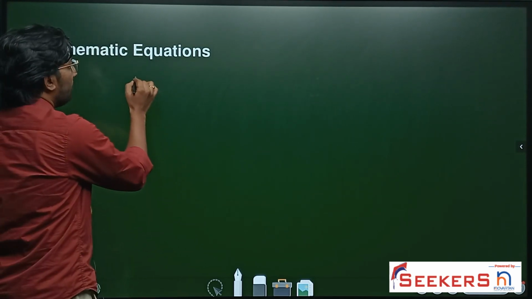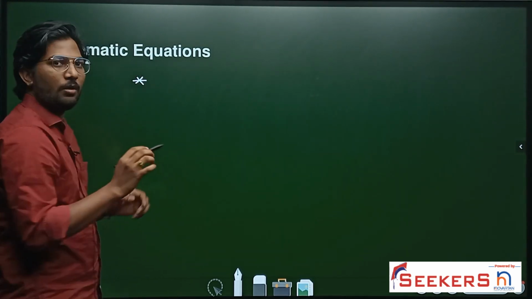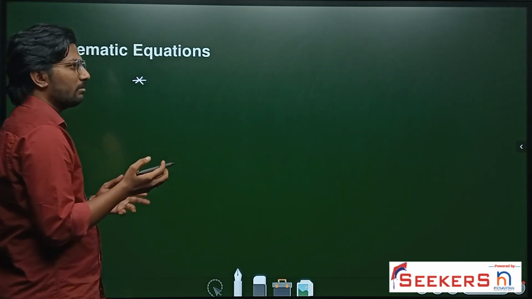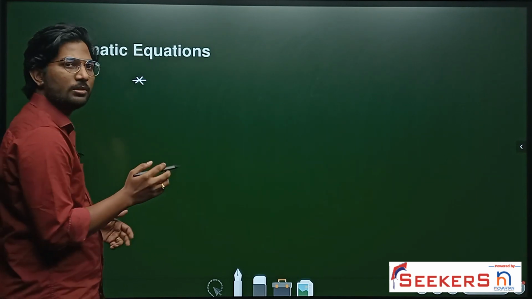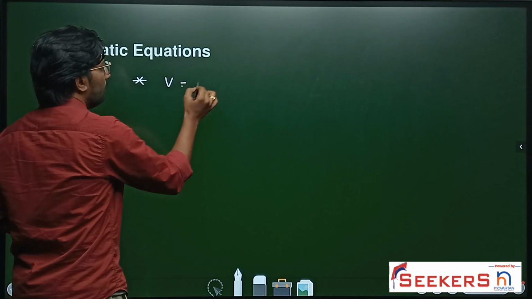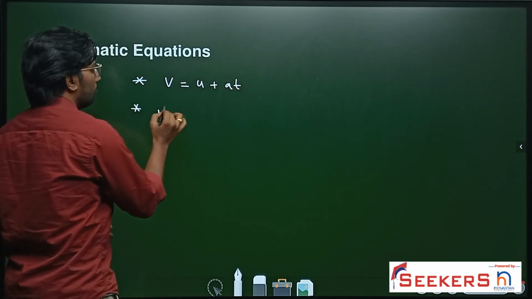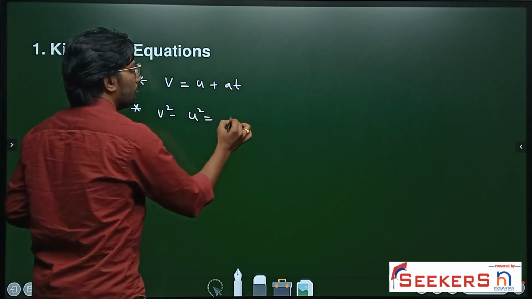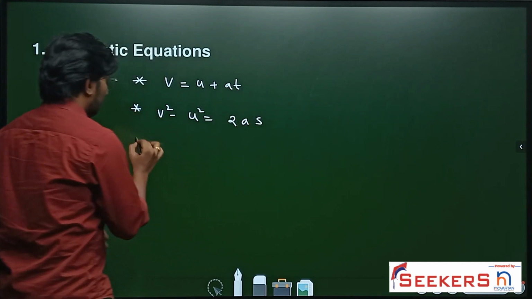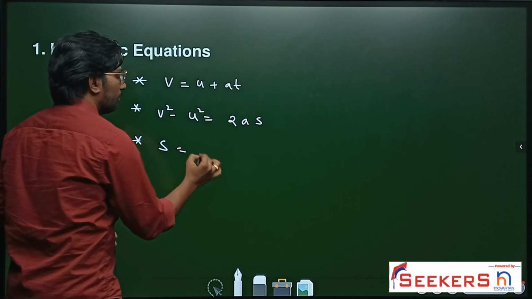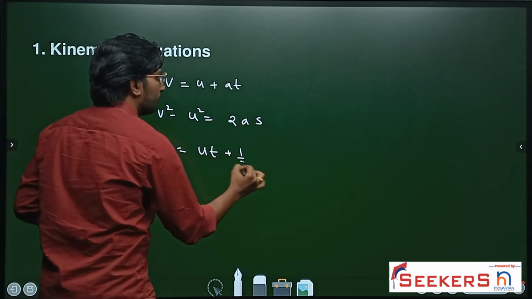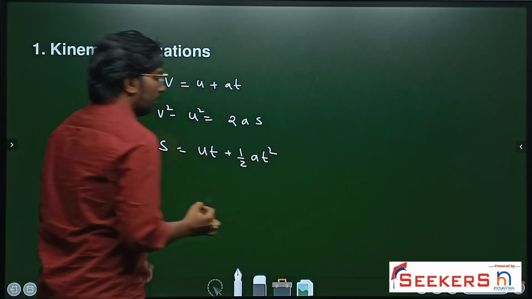So there are three kinematic equations for us. We all have known these from maybe 9th standard onwards. One is v = u + at. Next, v² - u² = 2as, and then s = ut + ½at².